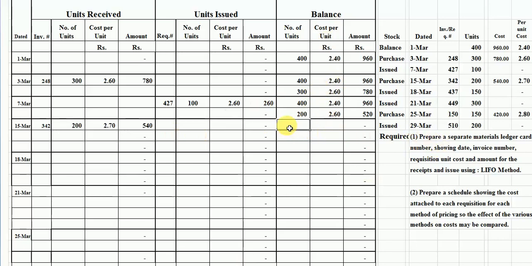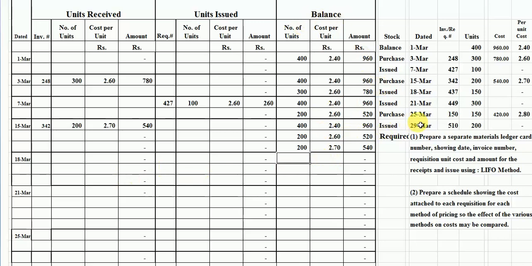Again 400 units, the rate is 2.40, then 200 units at the rate of 2.60, and the current units purchased are 200 units. The rate is 2.70 here. Student, this is the inventory record which has been maintained in our balance column here.